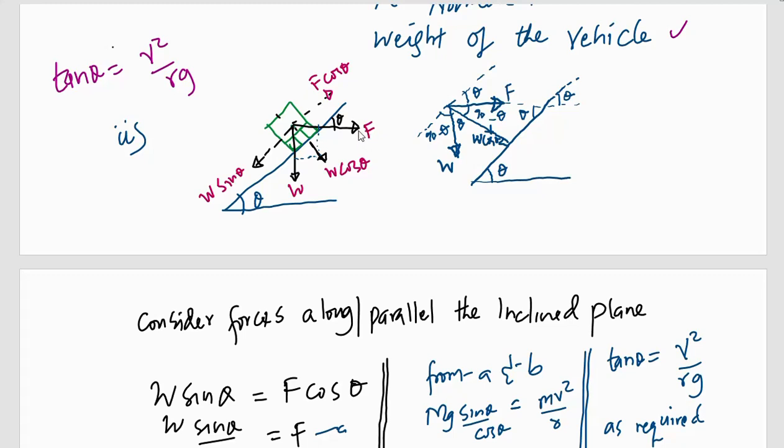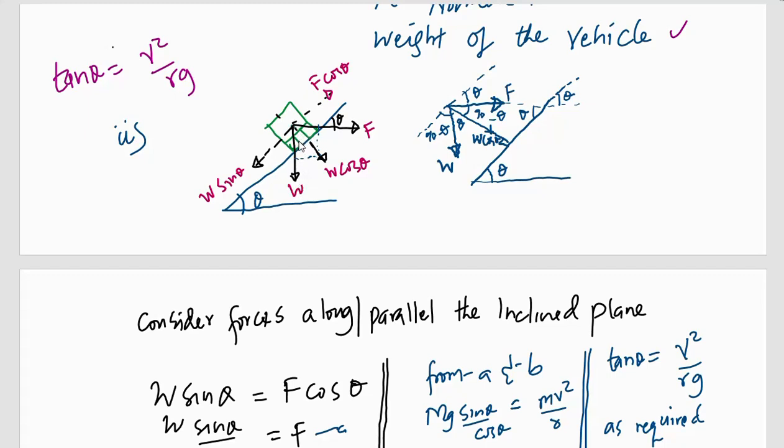Therefore, as it negotiates that corner, the resultant of the centrifugal force and the weight of the body is always normal to the path where the tires of this vehicle are. Therefore, this is the angle of banking. W is the weight of the body.